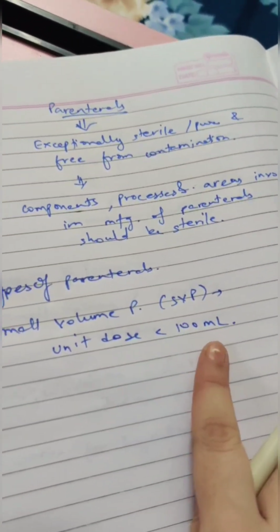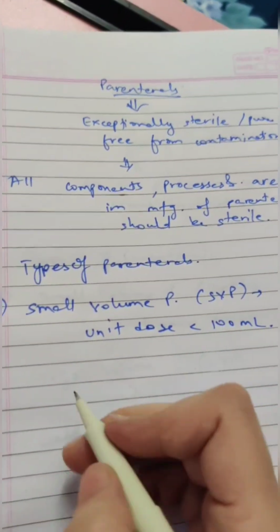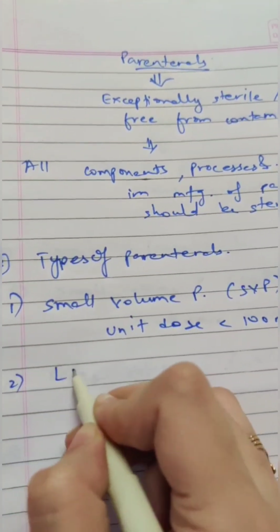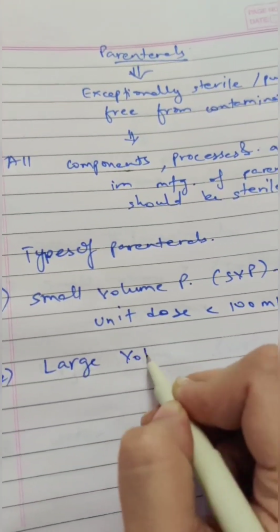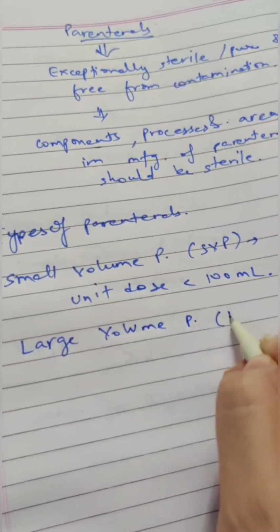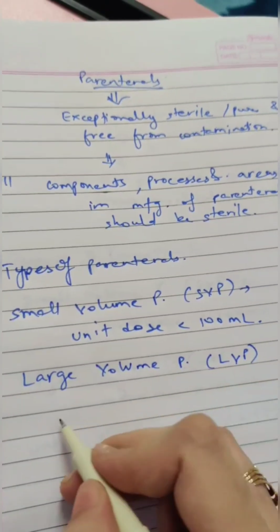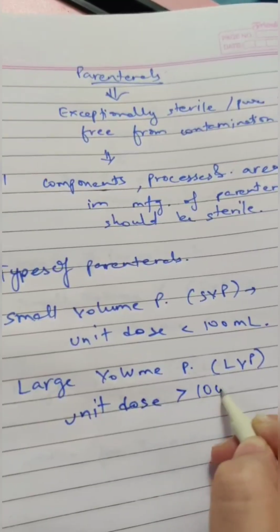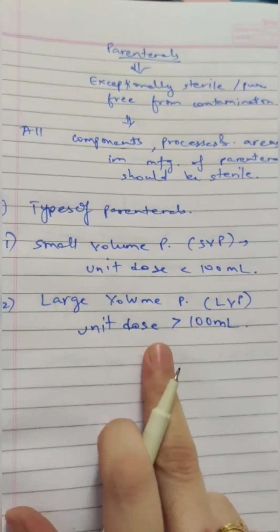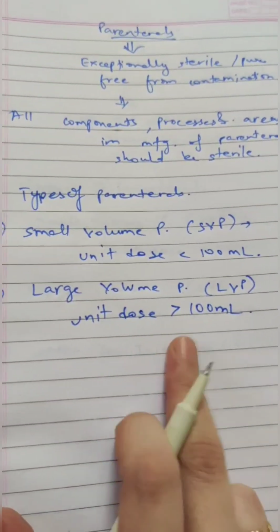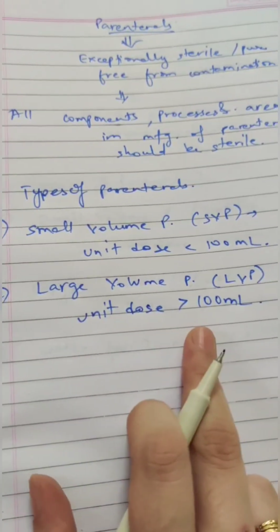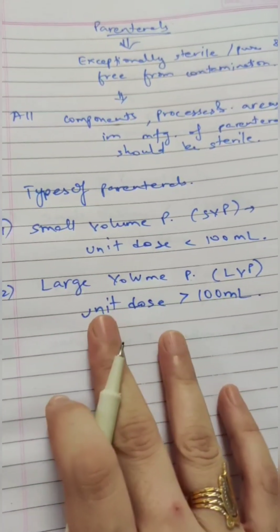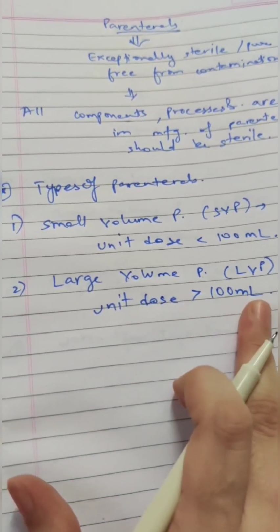Our injections we will call SVP. Secondly, it's the large volume parenterals, written as LVP, having unit dose greater than 100 ml. Okay, the glucose bottle that is given to us, the infusions, that comes under the category of LVP.